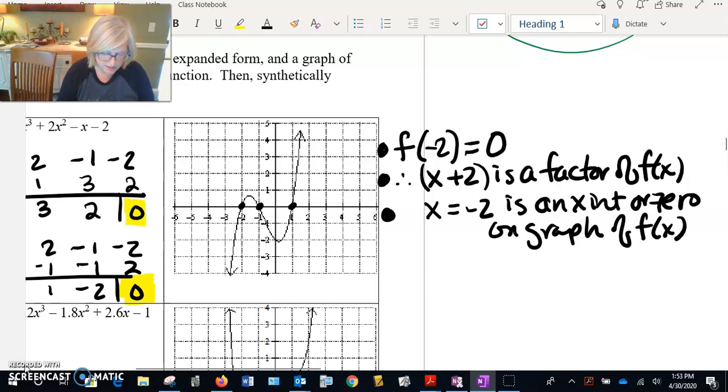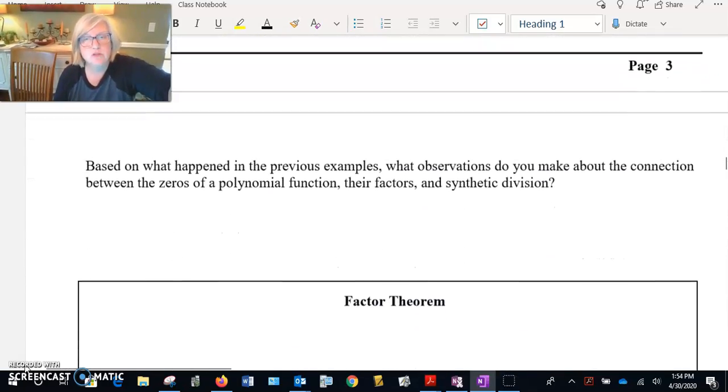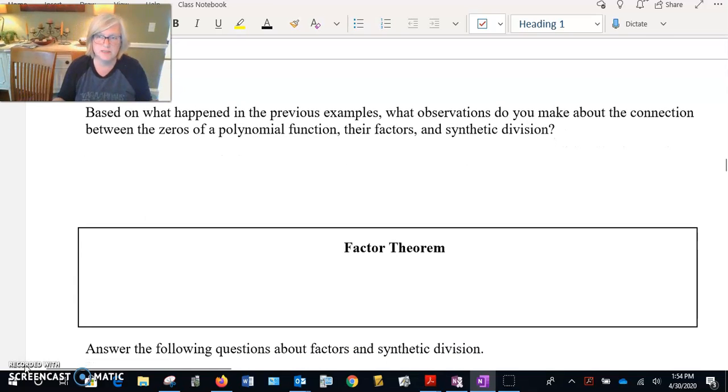Now, I'm going to let you do number 2 here on your own and verify it. I'm going to skip it, and you can check your answer in the key. What I'm going to do is come down here to, based on the previous examples, what observations do we make about the connection between the zeros of a polynomial function?